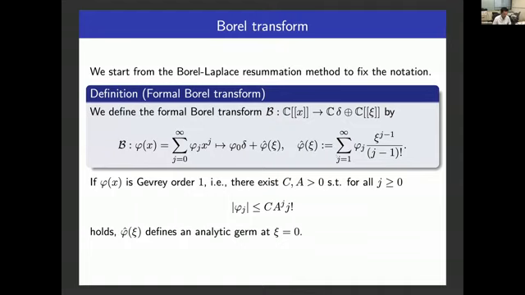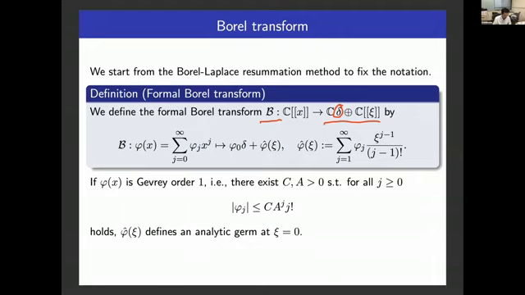The formal Borel transform is defined as written here, and we denote the formal Borel transform by V. It is a map from formal series in the variable x to C delta plus C[[ξ]].